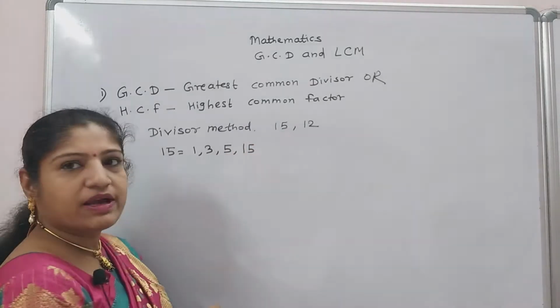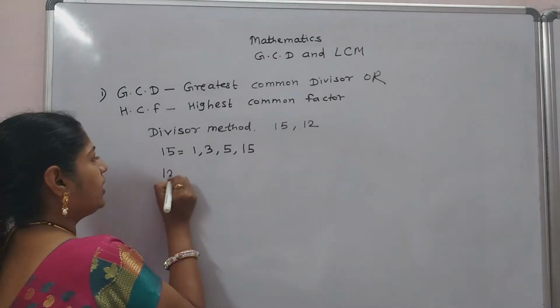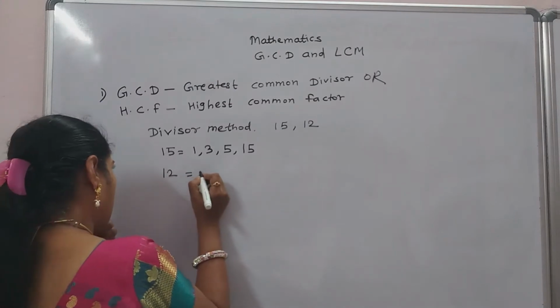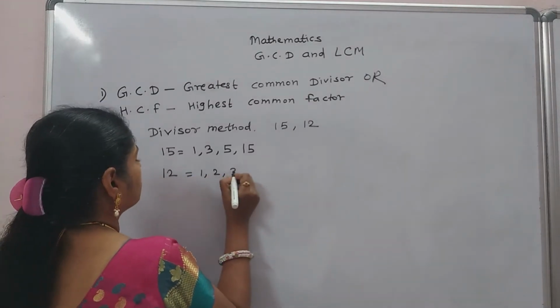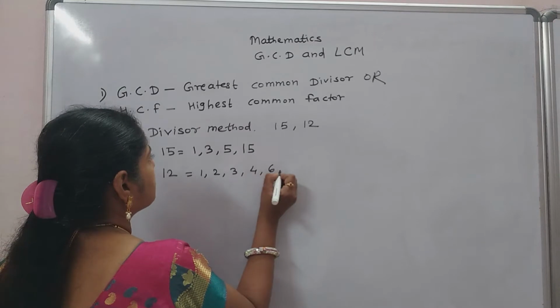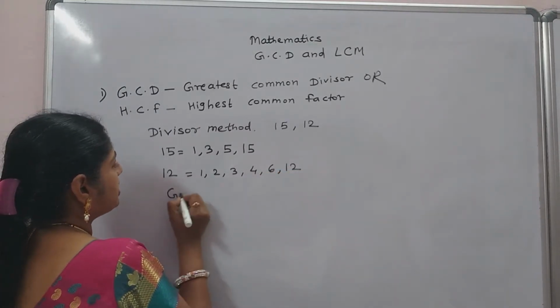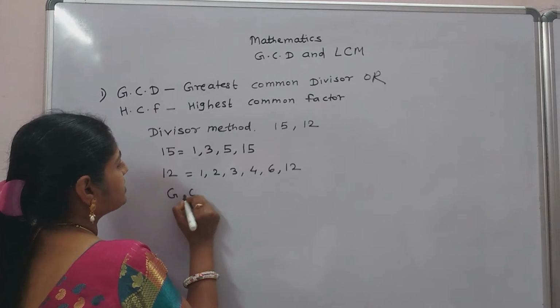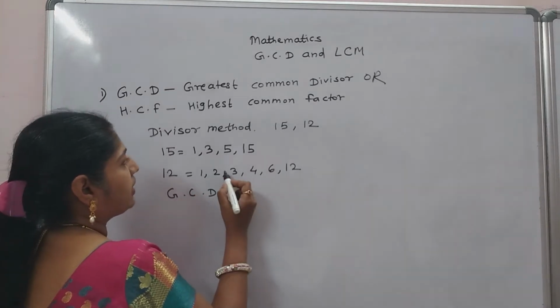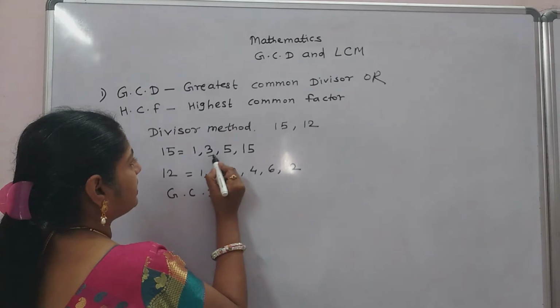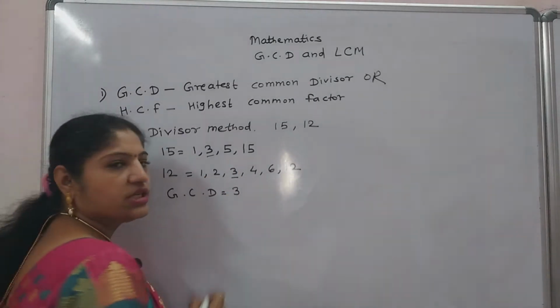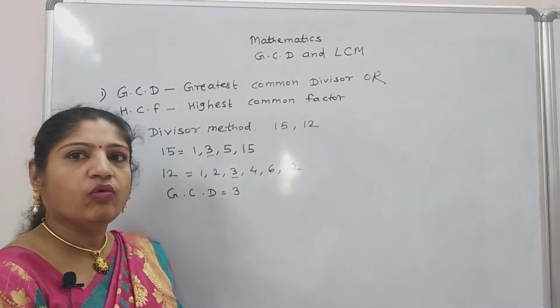Write down the divisors of 12: 1, 2, 3, 4, 6 and 12. The greatest common divisor is 3. So GCD equals 3. This is one method.